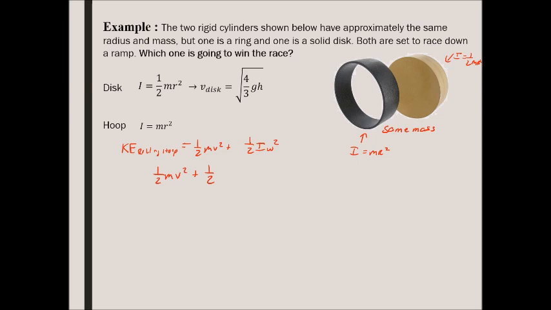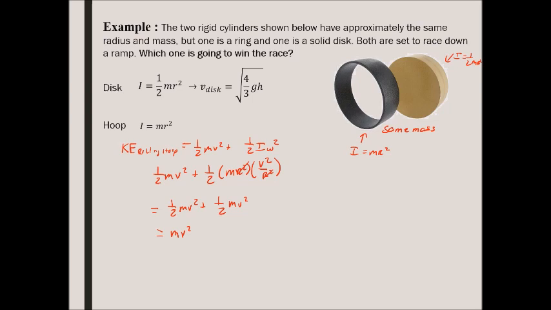So we get 1/2 times just mr squared here. And then omega squared is equal to v squared over r squared. Again, those r's do cancel. And so we get for the hoop that the kinetic energy is 1/2 mv squared plus 1/2 mv squared. And 1/2 mv squared plus 1/2 mv squared is equal to mv squared.